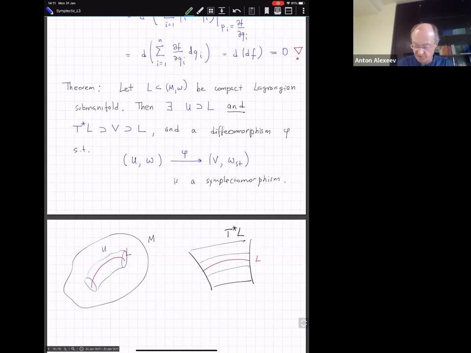This is V, and so the symplectomorphism maps U to V, right?